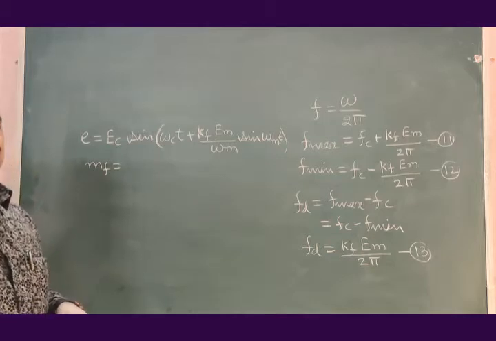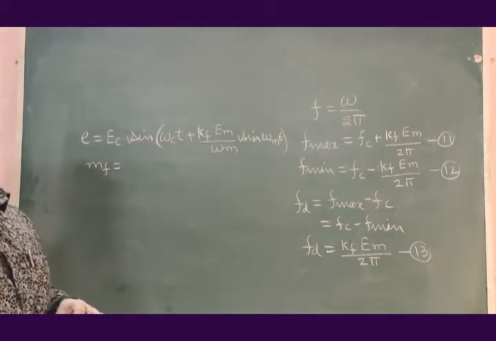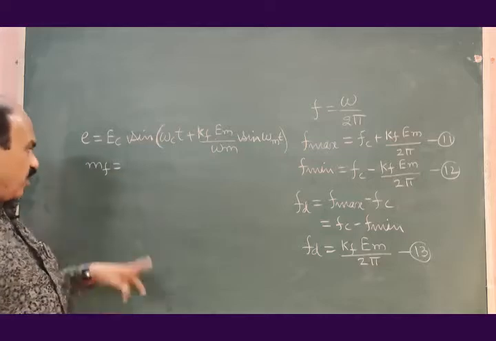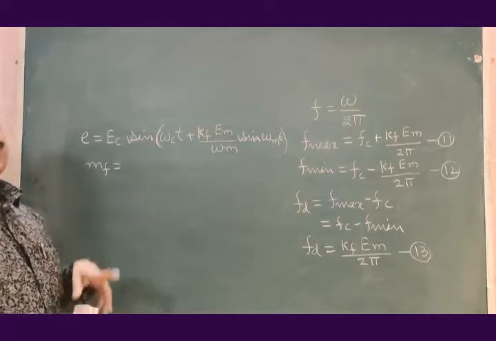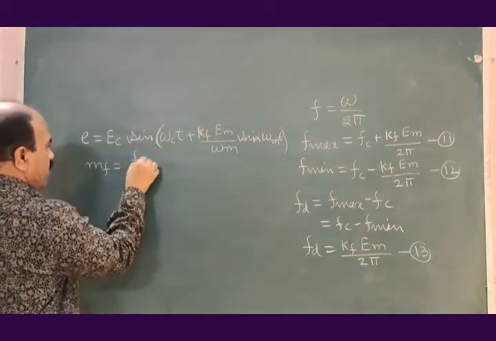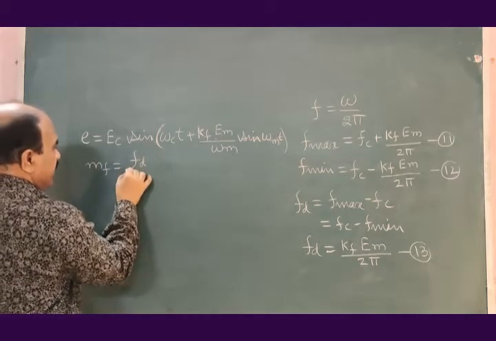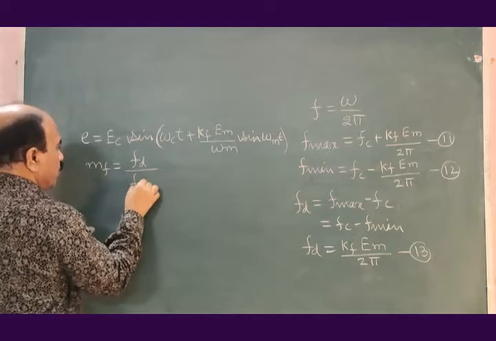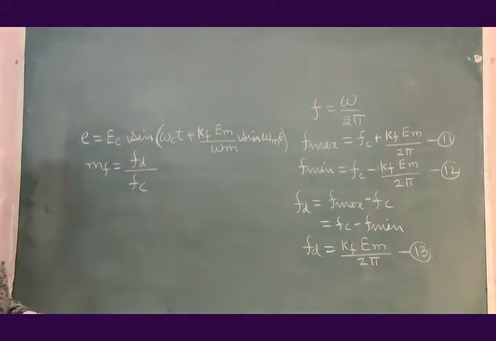Modulation index, modulation factor, or depth of modulation of frequency modulation is given as the ratio of frequency deviation to carrier frequency. MF is given by Fd divided by Fc.